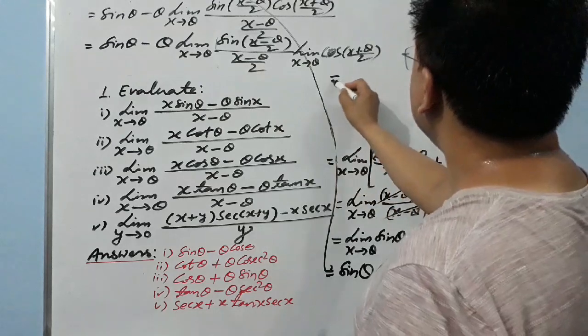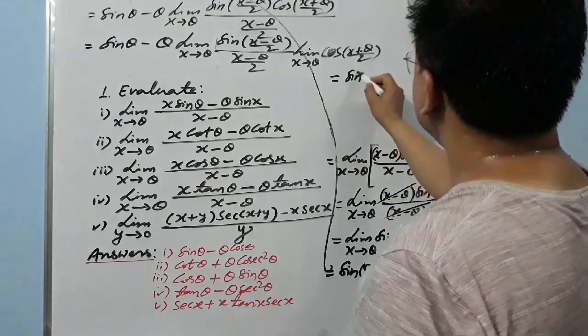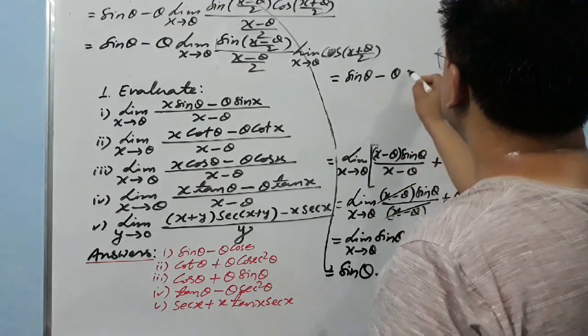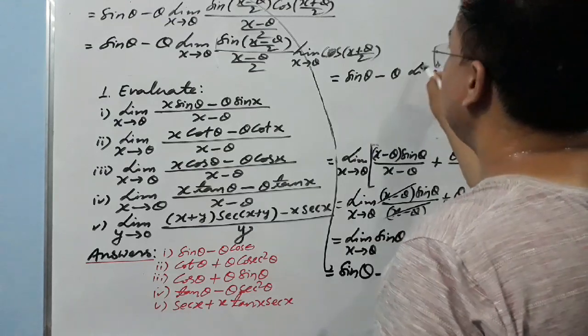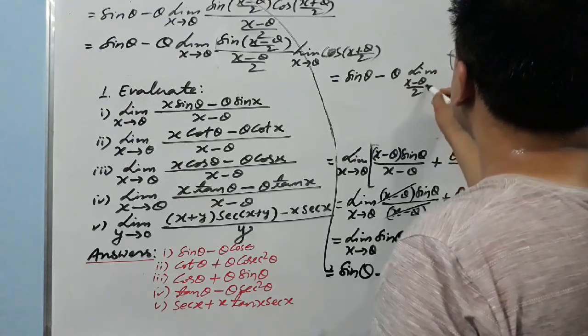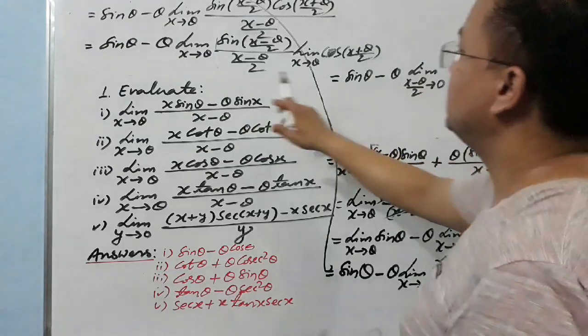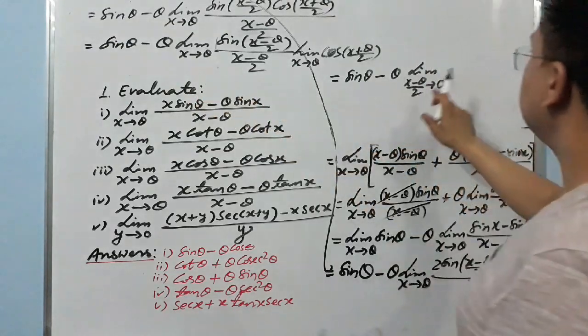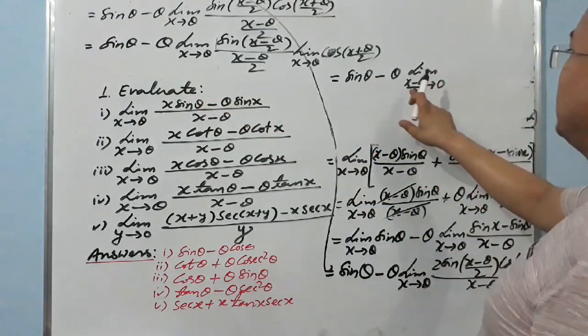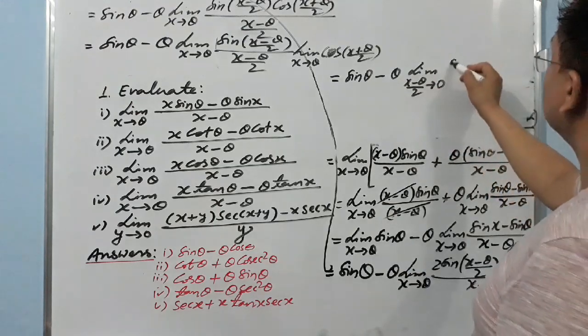So after this, you can write sine theta minus theta, where (x minus theta)/2 tends to 0. Because x tends to theta means x minus theta tends to 0, and divided by 2 also tends to 0.